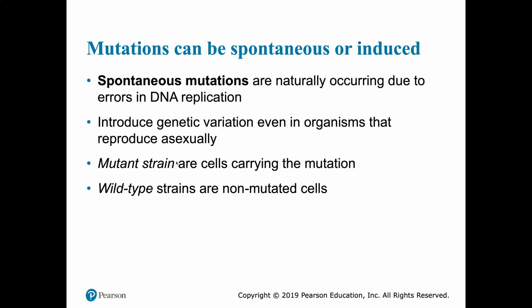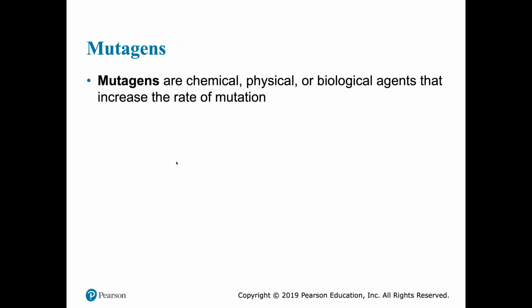But mutations can also be induced, meaning something can trigger them. And one of the ways they can get triggered is by a mutagen, which is either a chemical, physical, or biological agent that increases the rate of mutation.